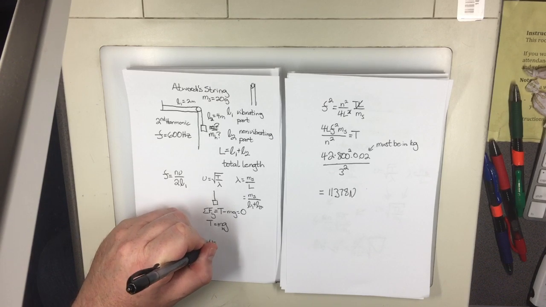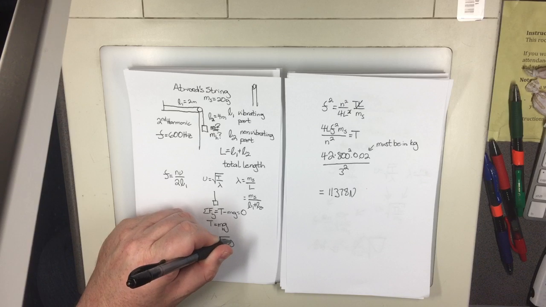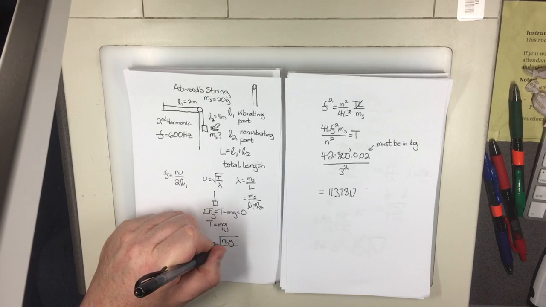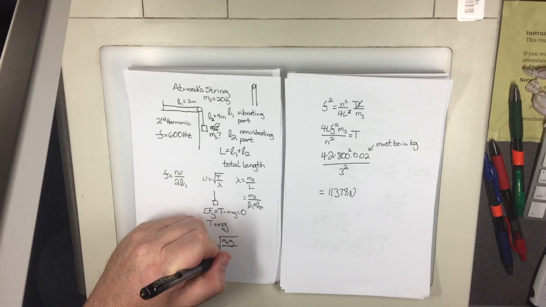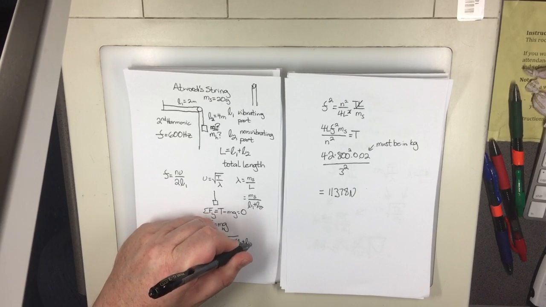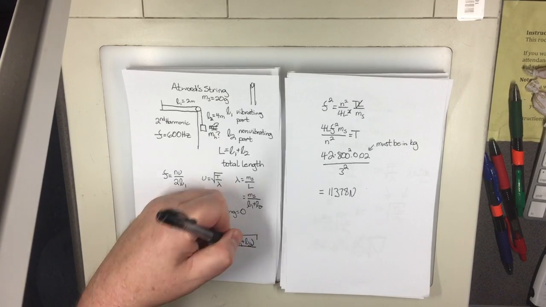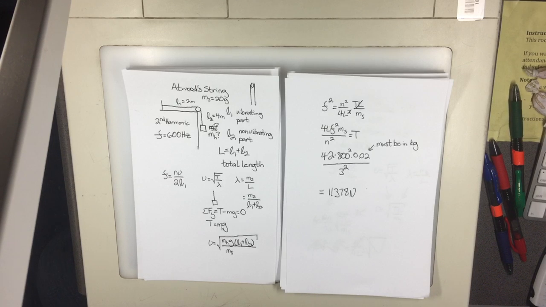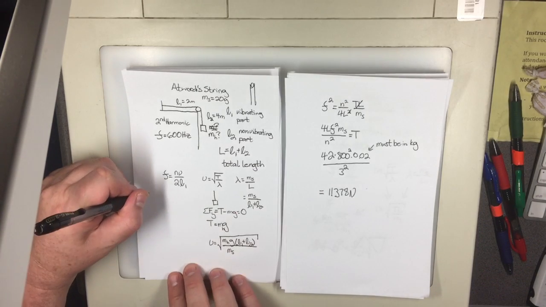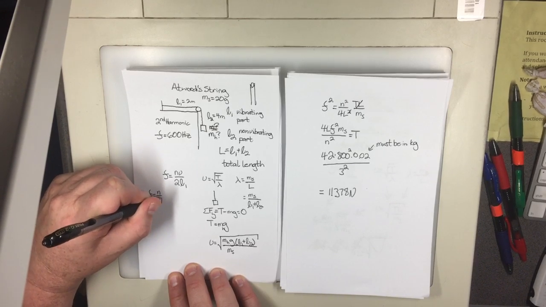So V is the square root of mass that's hanging times gravity over lambda, which is ms over L1 plus L2. Plug that into there. So F equals n over 2 L1.